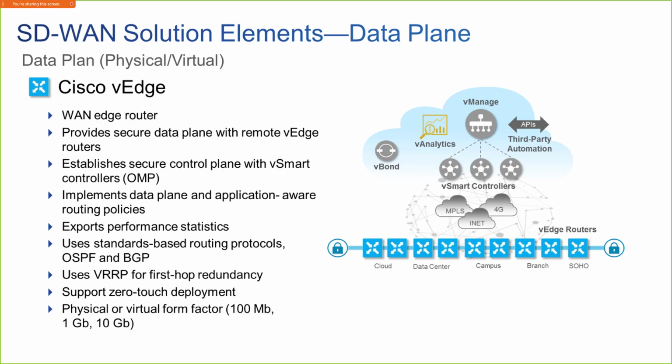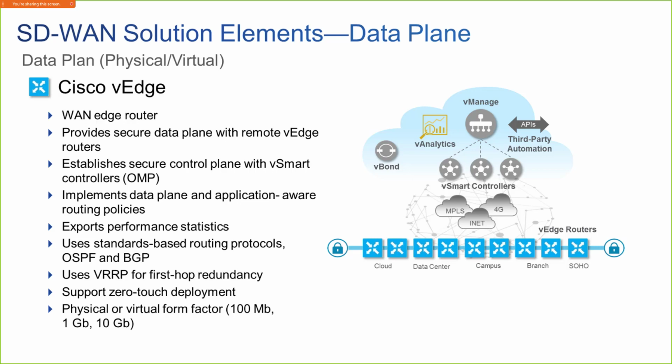The very first thing the vEdge router does is attempt to authenticate with the vBond orchestrator, and it does that over a DTLS connection. Once we've authenticated, the vBond orchestrator sends the vEdge router the IP address of the vManage network management system and the IP addresses of the vSmart controllers.